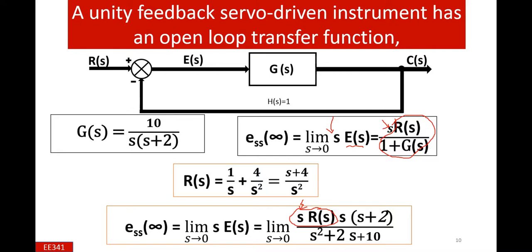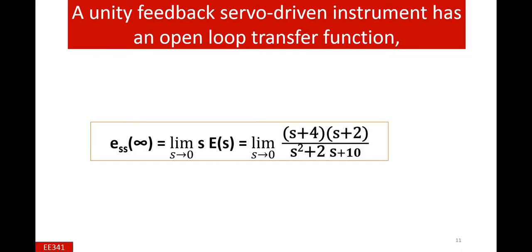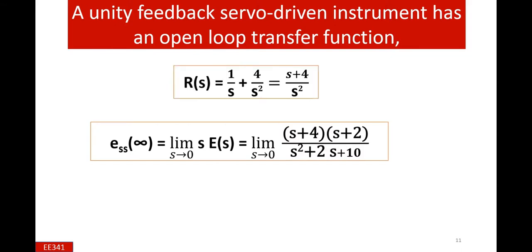So we take the Laplace transform, which is 1 over s plus 4 over s square, and after simplification we have s plus 4 over s square. By substituting the input value, this s square is cancelled out here.